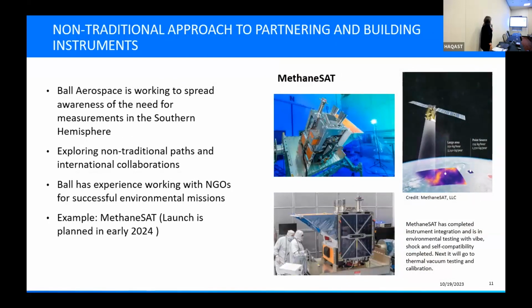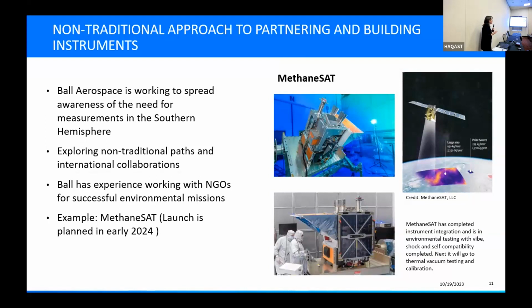With that, I'd like to mention that I've worked on MethaneSAT. I think methane is also a very interesting topic, a little outside of today's conversation, but Ball has done that traditional R&D through NASA, going the NOAA pathway. But I think in today's aerospace and instrument world, there are non-traditional ways to get the measurements you need.